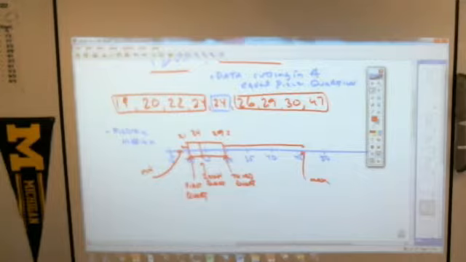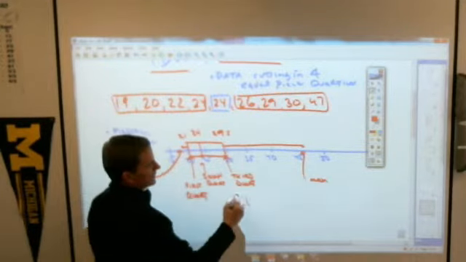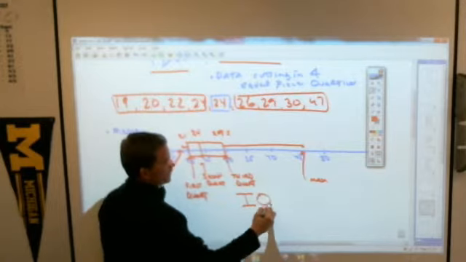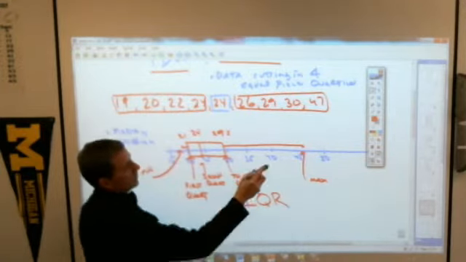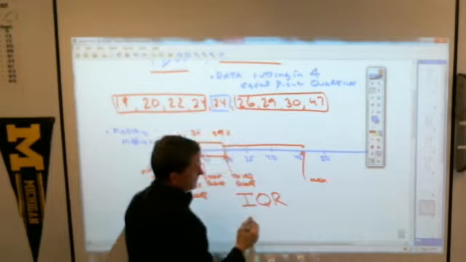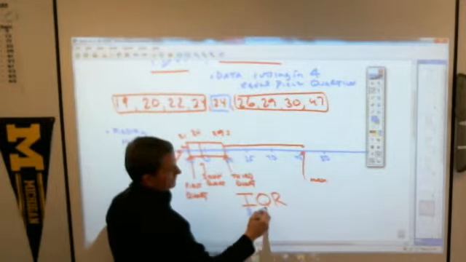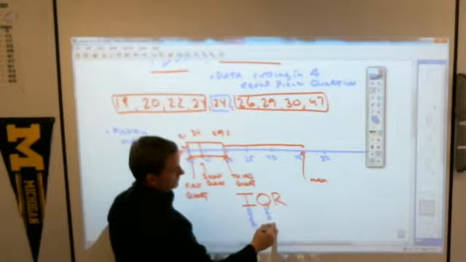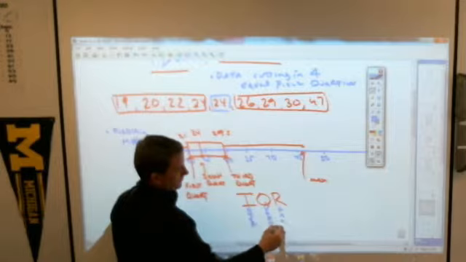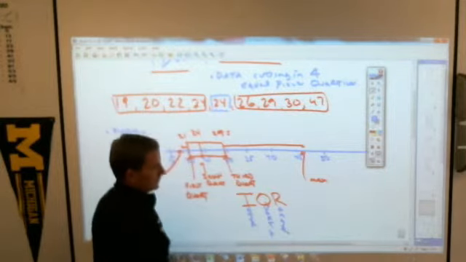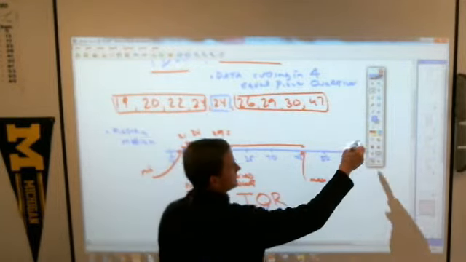And then the big thing we have to talk about today is what's called the IQR. And the IQR, ladies and gentlemen, is the interquartile range. And what that means is this.